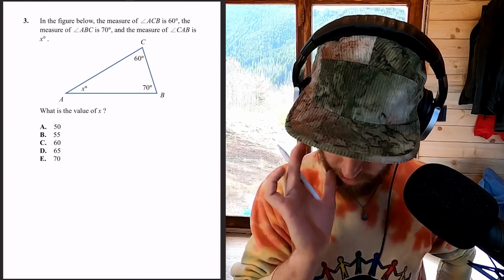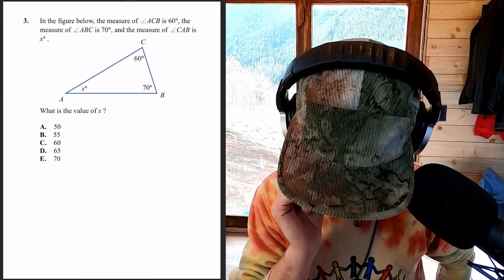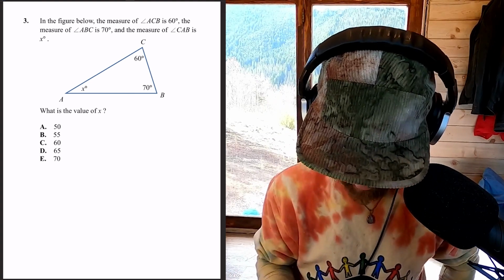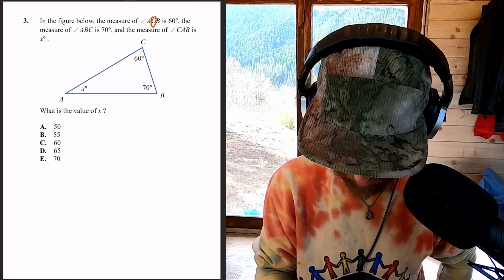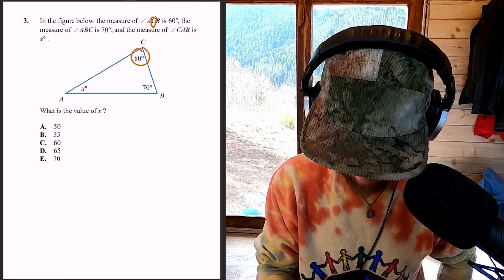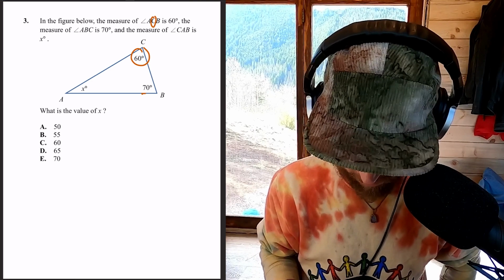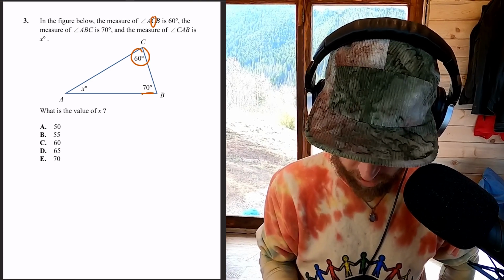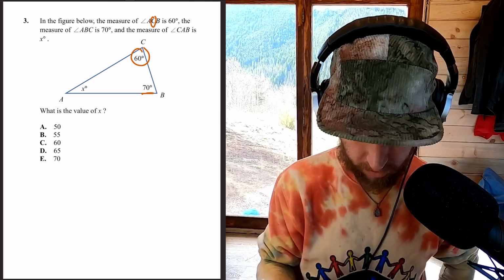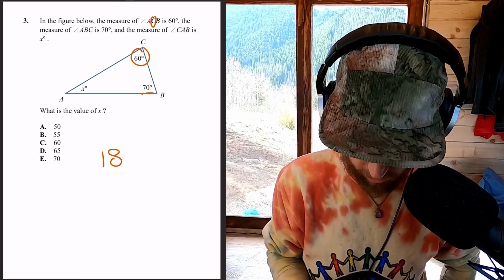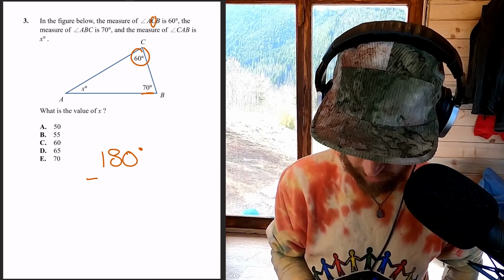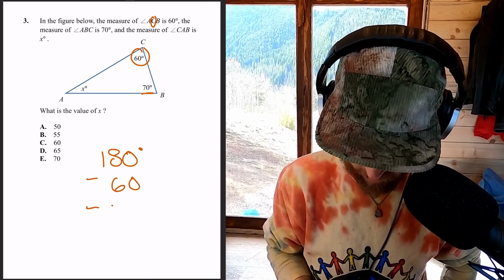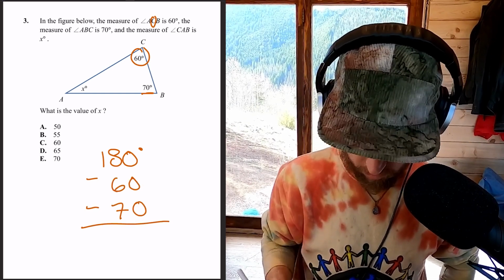All right. In the figure below, the measure of angle ACB is 60 degrees. So ACB, C being the middle one, so that's 60 degrees here. The measure of ABC is 70, so 70. And the measure of CAB is X. What is the value of X? Well, the total angle inside a triangle is 180 degrees, minus the 2 angles we're already given, 60 and 70.